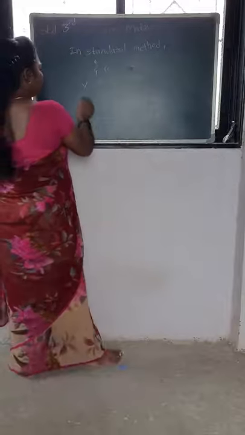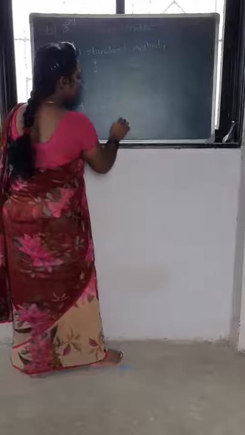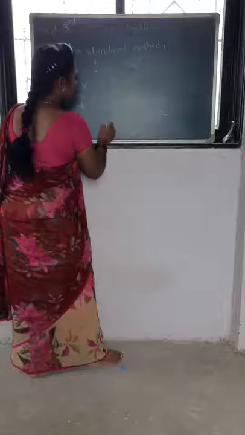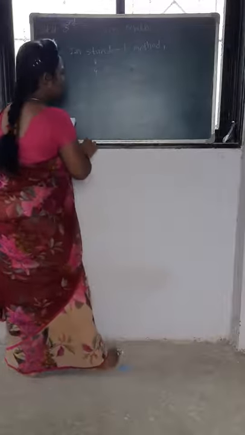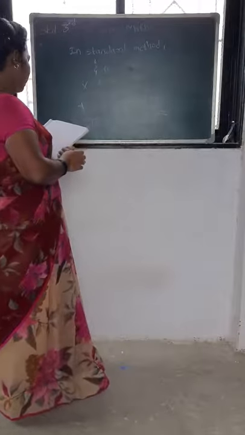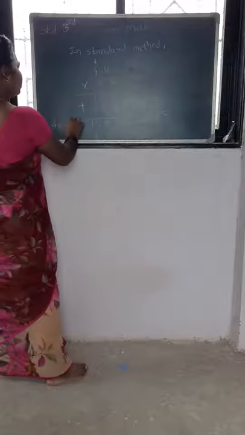Then adding those two multiplications: 8 as it is, 3 plus 2 is 5, and 9 plus 1 is 10. So we get 1058. This is the given multiplication, 46 multiplied by 23.